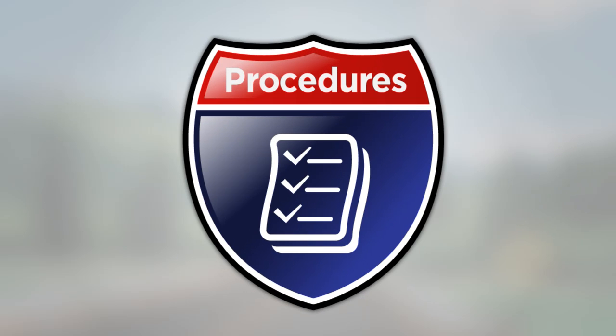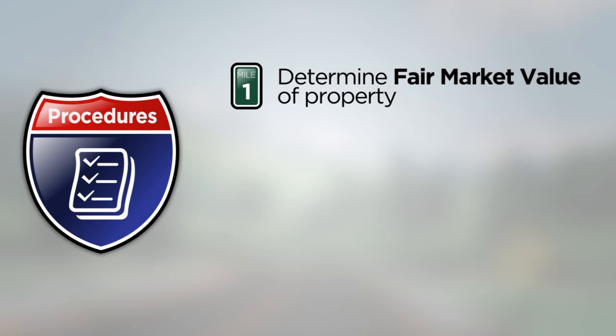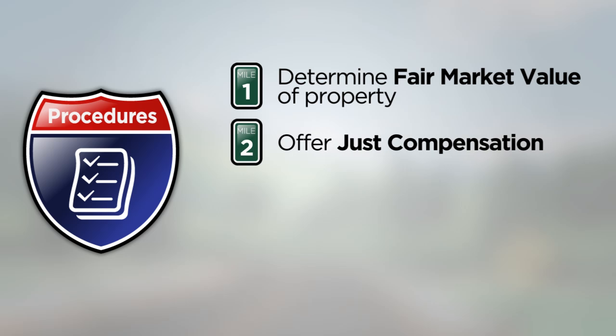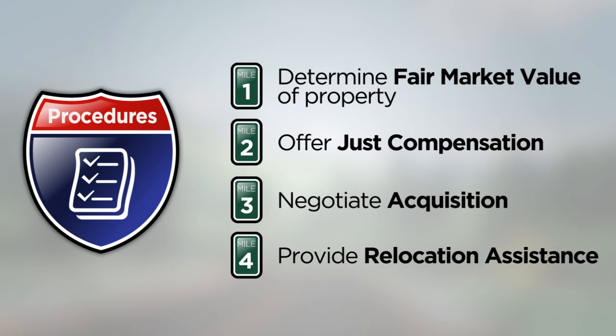Here is an overview of the primary steps an agency must follow to meet the requirements of the Uniform Act. First, you must determine the fair market value of the property being acquired. Next, you must offer just compensation and negotiate the acquisition of the property or property interests. Finally, after acquiring the property, the agency must provide relocation assistance to those who are displaced.